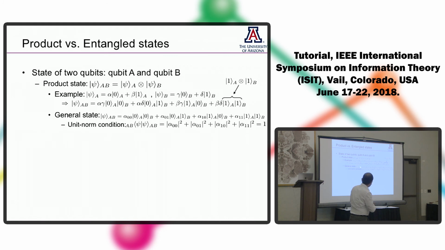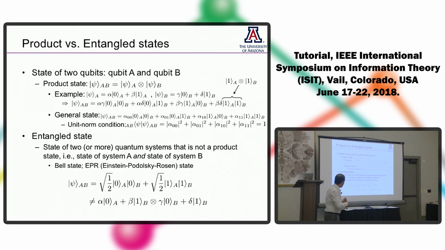The most general two-qubit state is any state of this form, where |00>, |01>, |10>, |11> are the four orthonormal basis states of this two-qubit Hilbert space, and these four complex numbers have magnitude squares that add up to 1. So clearly, I can write down states of a form that cannot be decomposed into two single-qubit states.